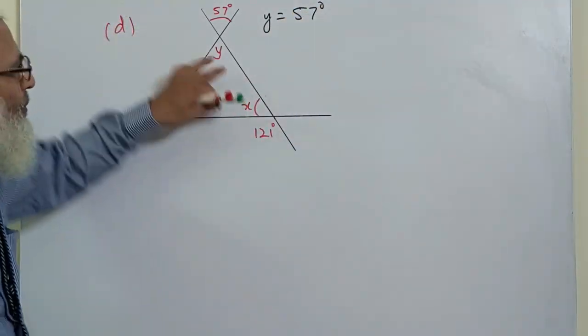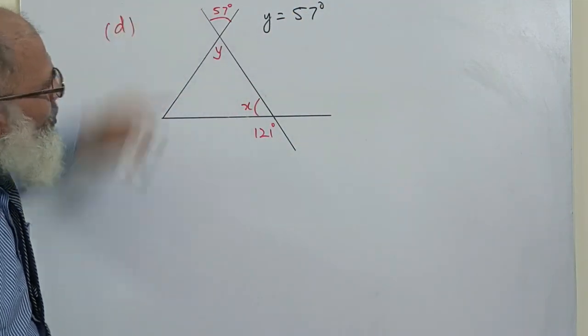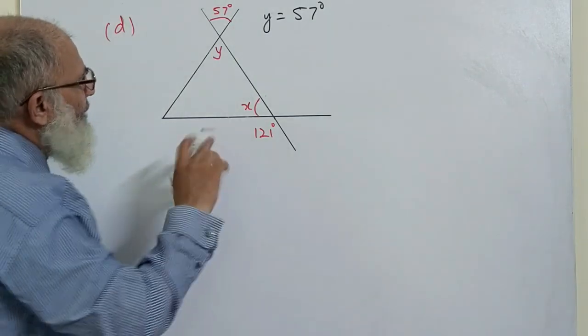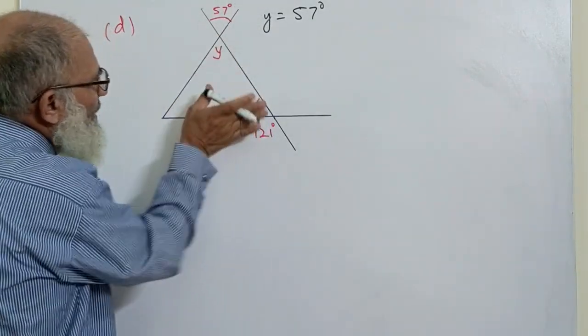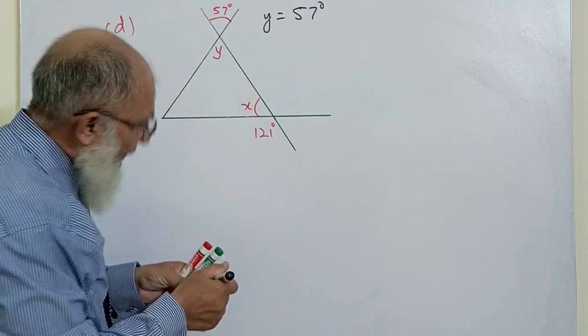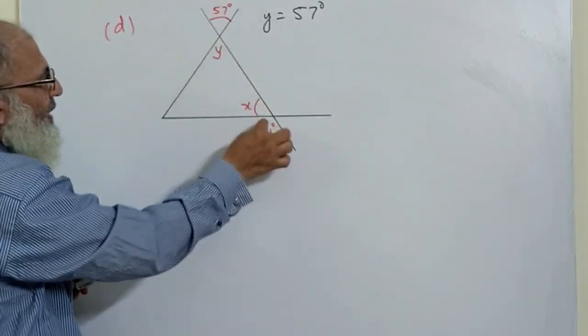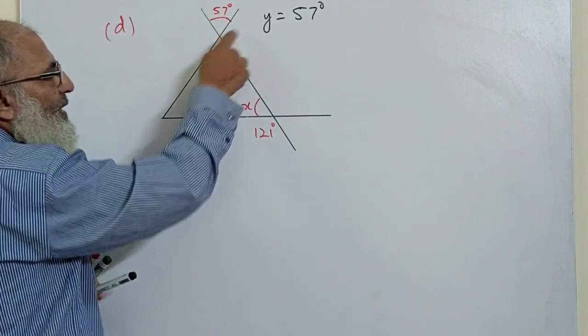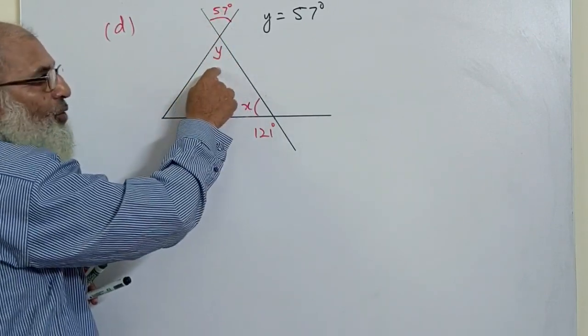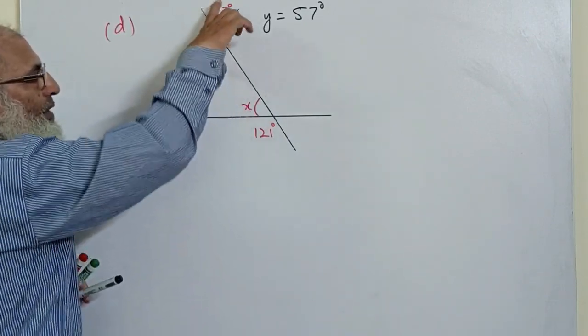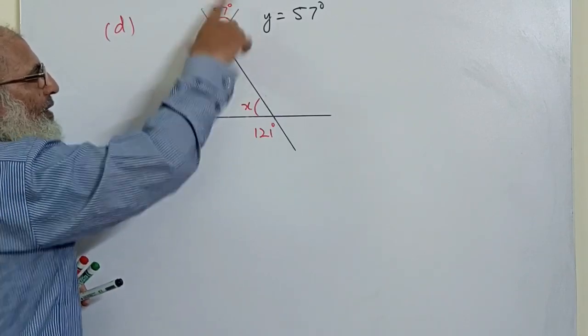Now there is no doubt about that: y is equal to 57 degrees. Just hide the triangle which you are looking at, then these are two lines intersecting each other at one common point, so two pairs of angles are found.